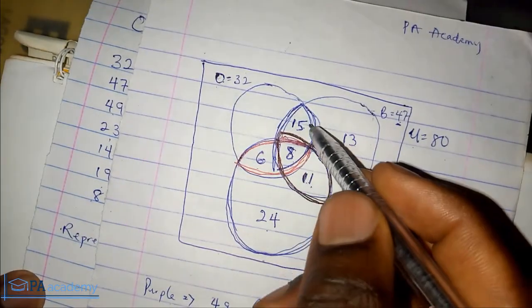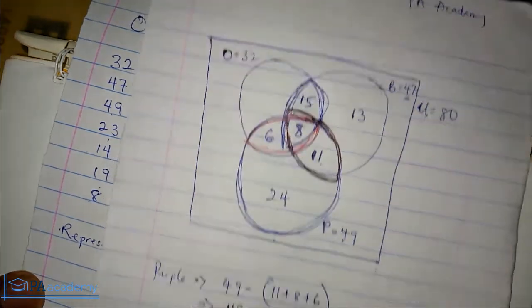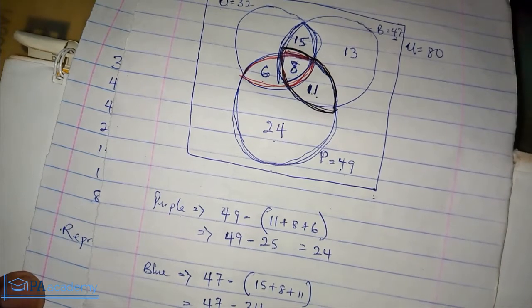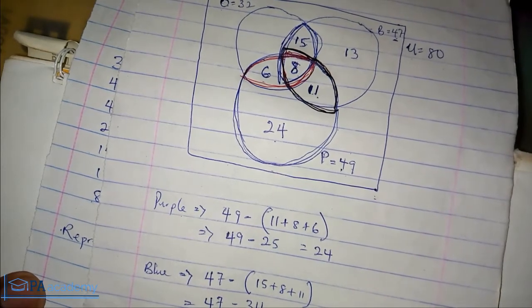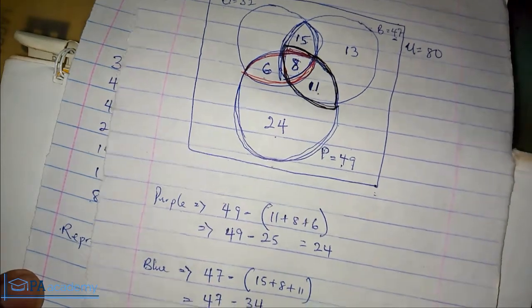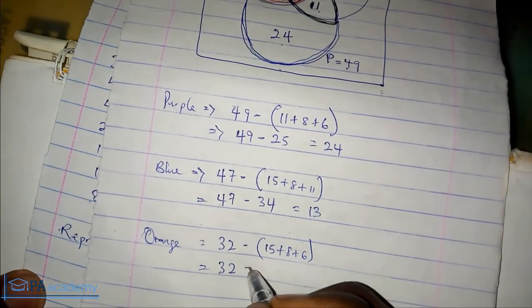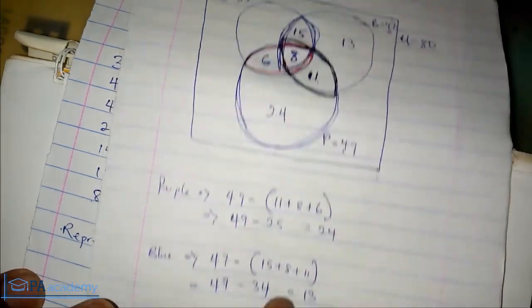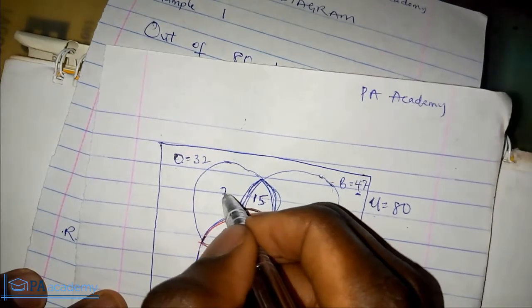So that will be minus 15 plus 8 plus 6. That will be 32 minus 15 plus 8 plus 6, which is 29. And that will give us 3. So for this, that's 3.